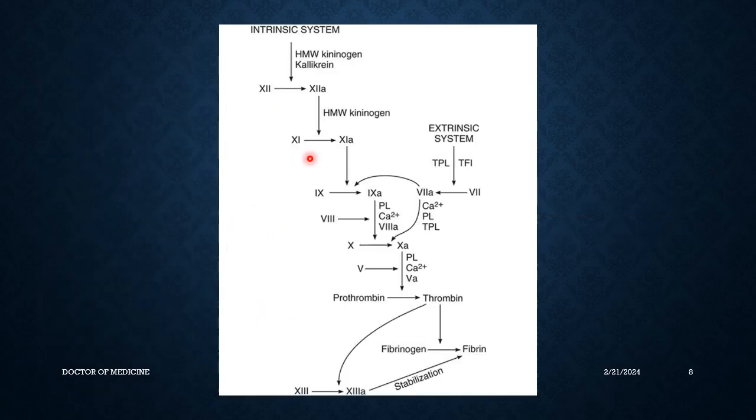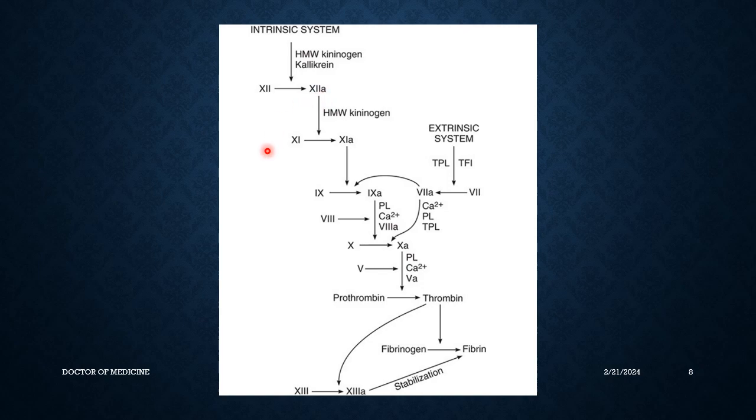So here outlined is a detailed view of the two pathways. So I'll start by explaining the intrinsic system. Okay, so the intrinsic system, we say it is activated by contact activation. So when your factor 12 in vivo comes into contact with the underlying collagen fibers, it will be activated to its activated form, that's 12A.